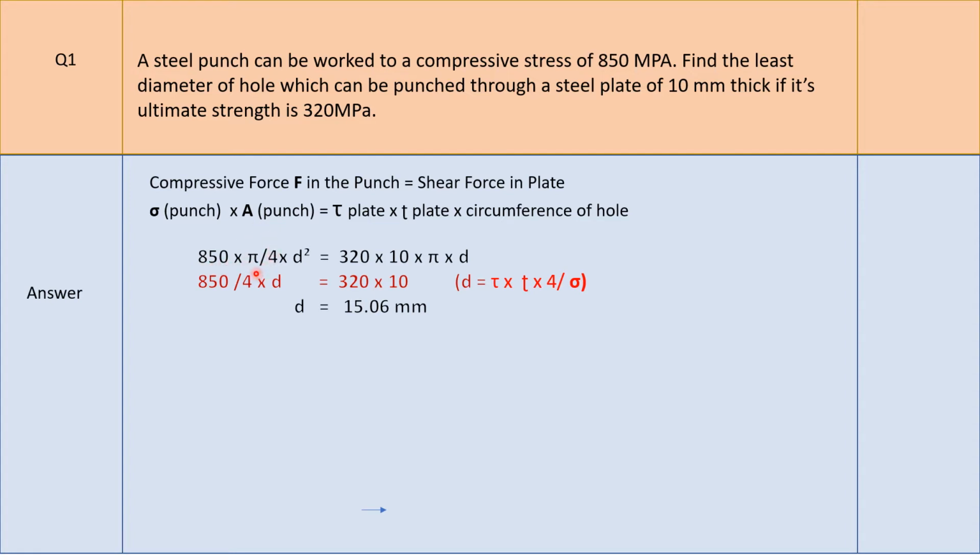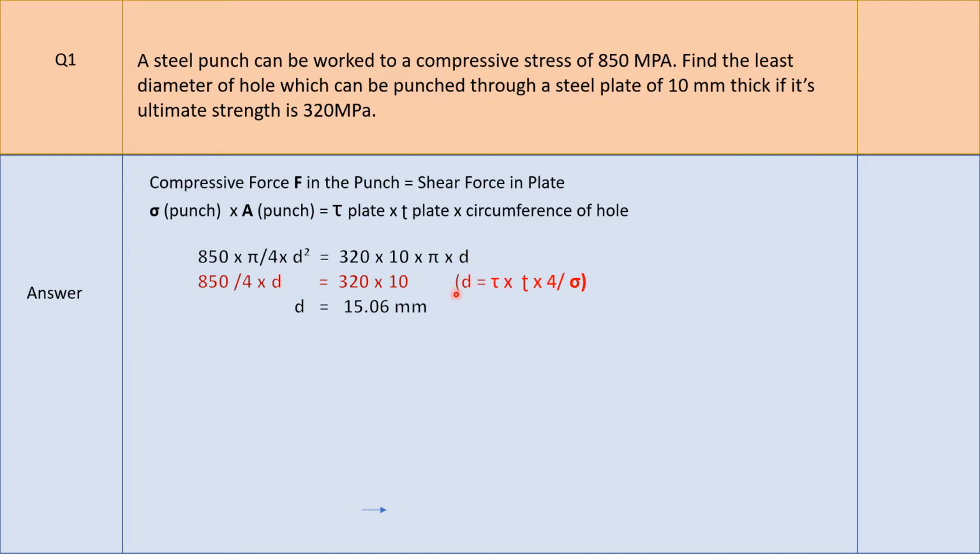Area of the punch will be π divided by 4 into d². d we have to find out. The ultimate shear stress of the plate is given as 320. Thickness of the plate given is 10 mm, and circumference of the hole will be π d.